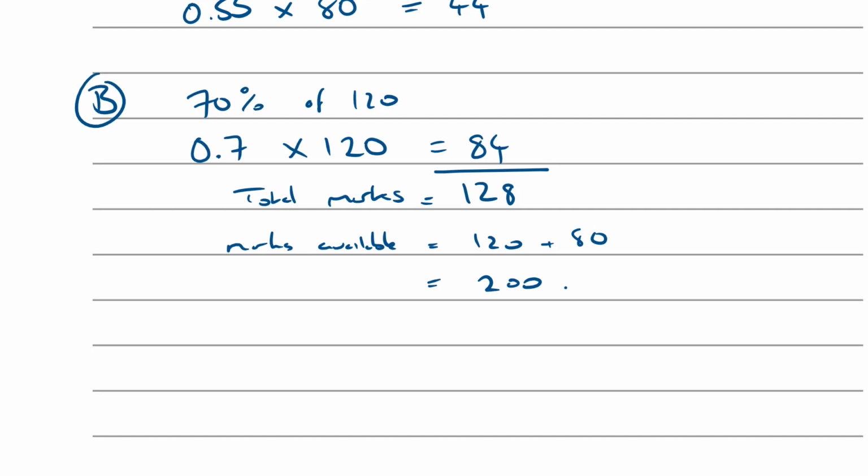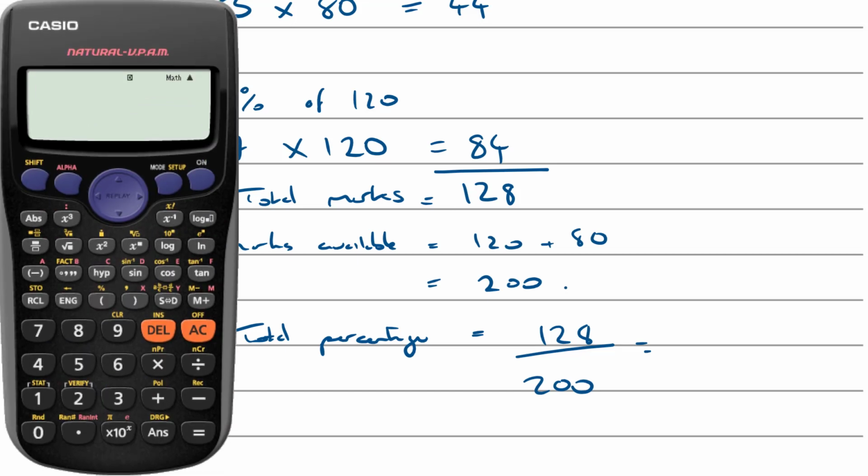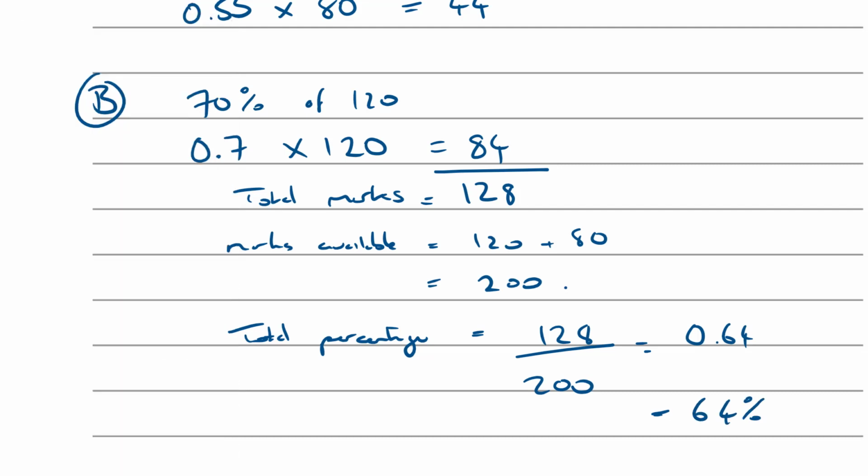So total percentage is going to be 128 out of 200. Now if you tap that into the calculator, 128 divided by 200 is going to give you a decimal of 0.64, and 0.64 as a percentage is 64%.